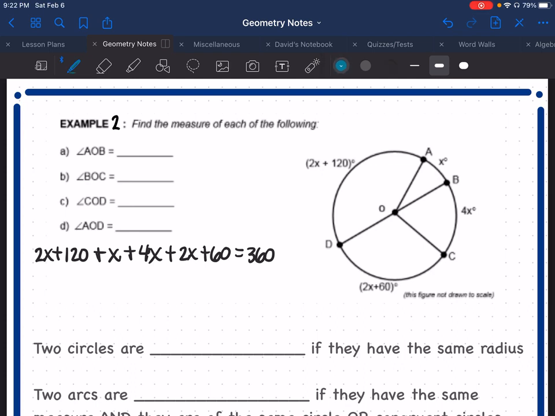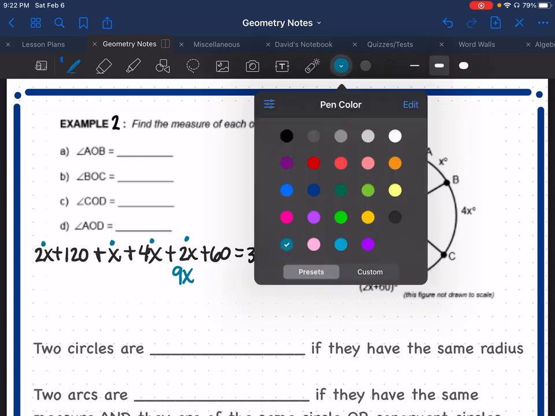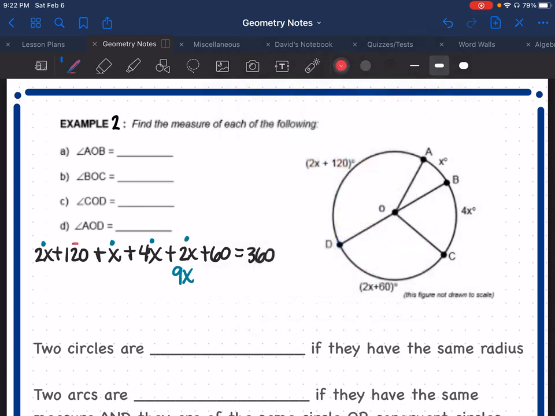All right, let's go ahead and combine together our like terms. So let's take together and add 2x plus 1x plus 4x plus 2x. Oh, I missed the 1. 2 plus 1 plus 4 plus 2 would give me 9x. And then I can add together 120 plus 60. 120 plus 60 would give me 180.